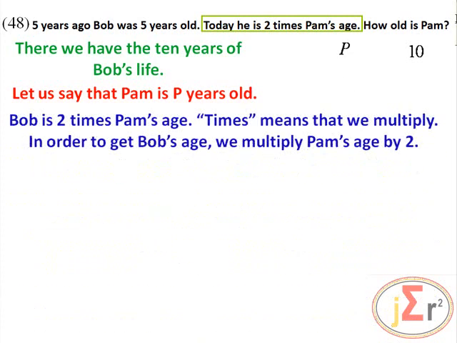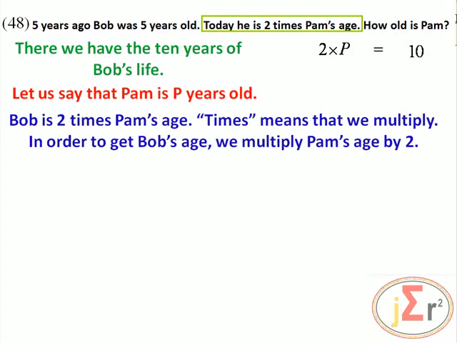Bob is 2 times Pam's age. Times means that we multiply. In order to get to Bob's age, we multiply Pam's age by 2. So he is twice or 2 times Pam's age. So 2 times P is equal to 10.